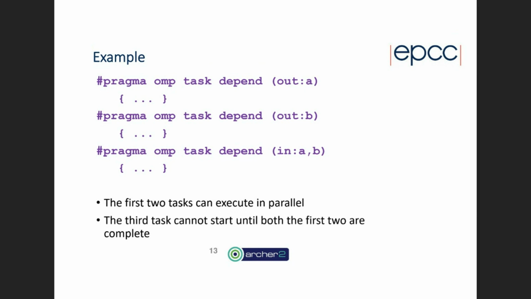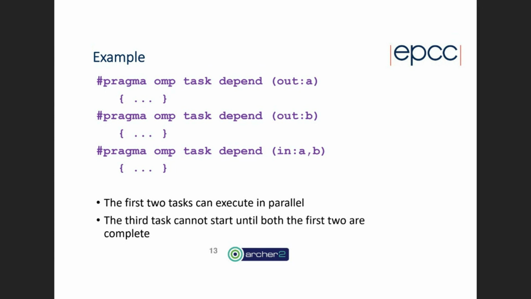So if I specify an out dependency on A for the first task, an out dependency on B for the second, and then an in dependency on both A and B for the third task, that means the first two tasks can execute in parallel, but the third task can't start until the first two are complete.